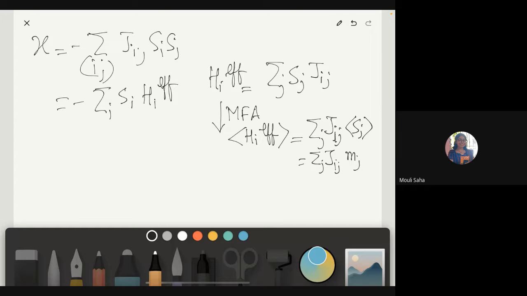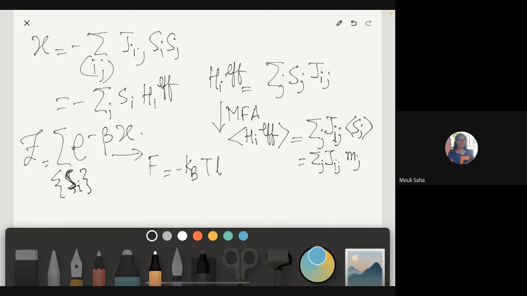Okay. And what are we after? We want the partition function, the canonical partition function, the summation over all S_i of e to the minus beta H, from which I will find the free energy, which would be minus k_B T log Z, from which I will take the derivative.